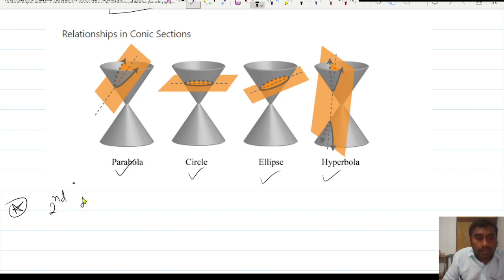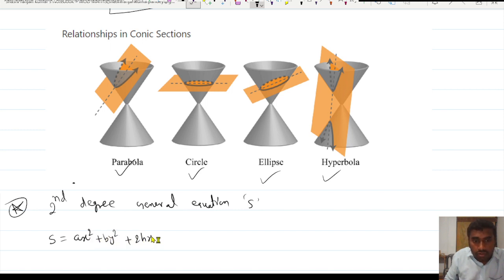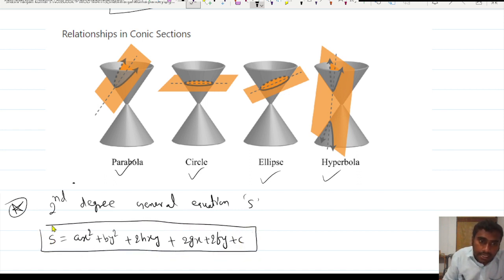Suppose it is S. S is equal to ax square plus by square plus 2hxy plus 2gx plus 2fy plus c. This is the second degree general equation that forms all of them.